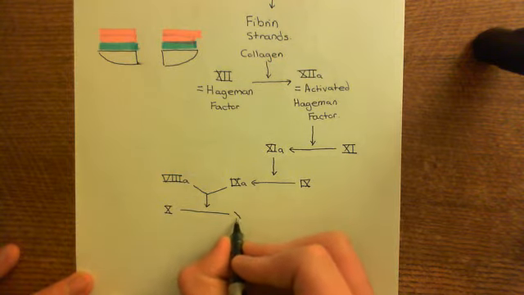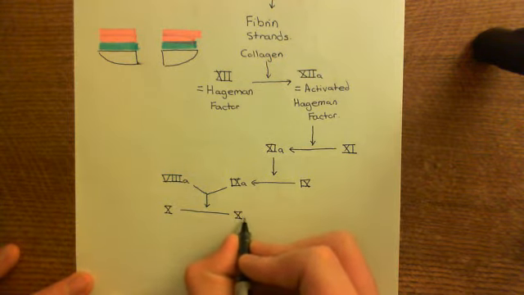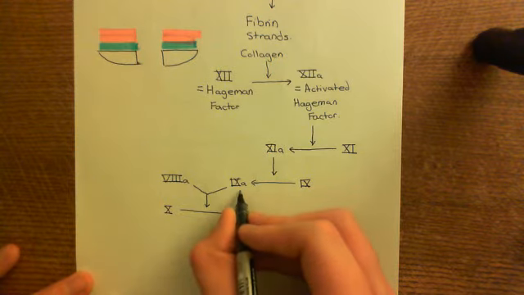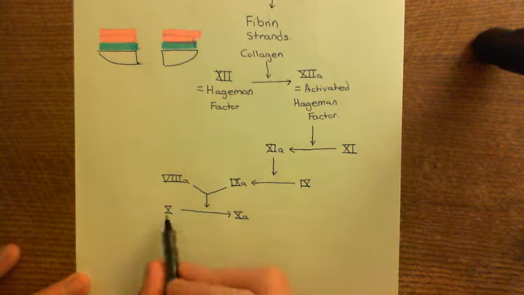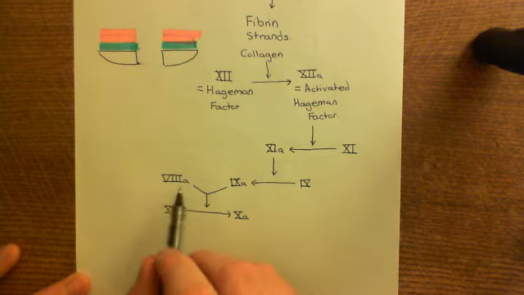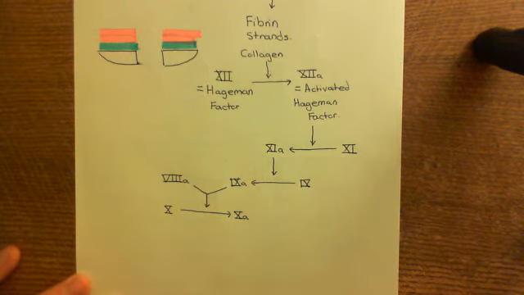So let me say this again. Factor 8A is a cofactor for factor 9A basically. So 9A is the main enzyme which is going to do this activation of factor 10. However, it needs factor 8A to bind to it in order for it to then catalyze this process of 10 being converted to 10A.